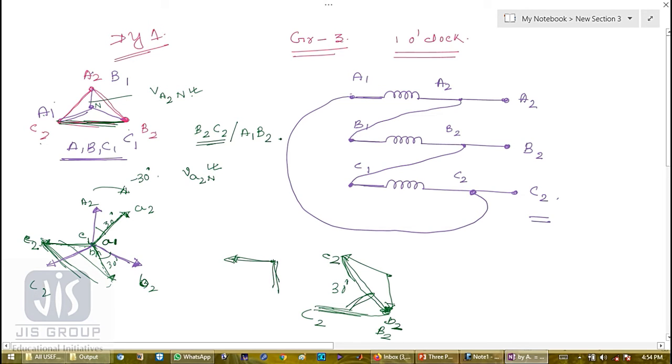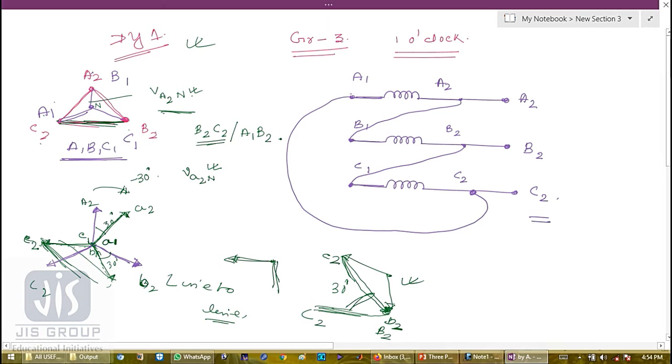So in line to neutral also it is 30 degrees, and we have checked with line to line voltage also. So this is the Dy1 connection.